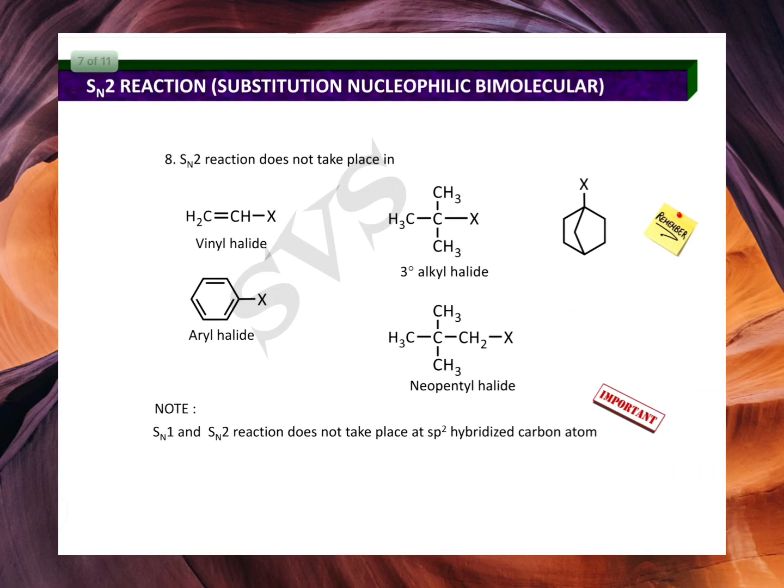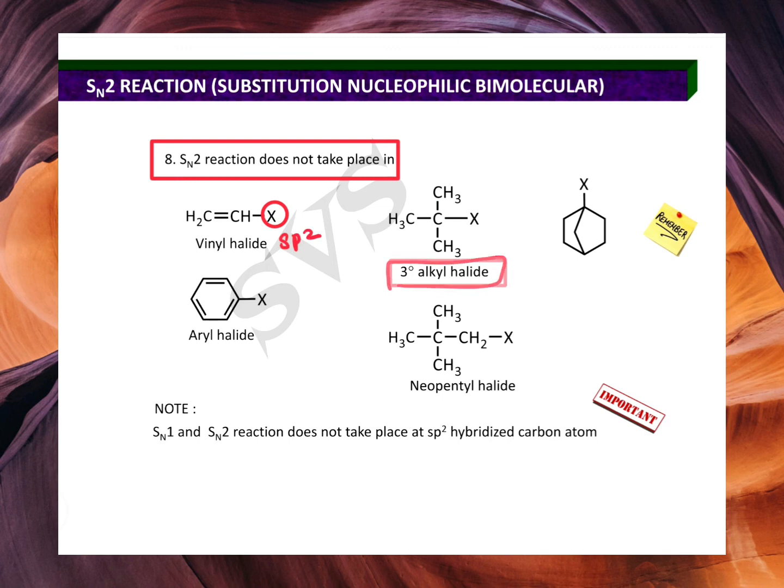So finally, let us discuss one more important point. The SN2 reaction does not take place if the halogen is attached to sp2, that is vinyl, tertiary alkyl halides, aryl halides, neopentyl halide.